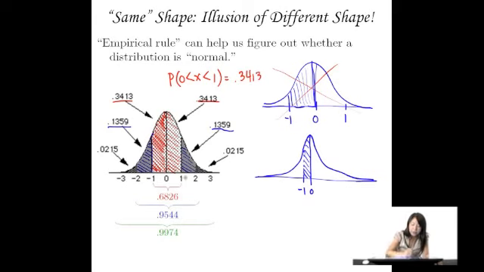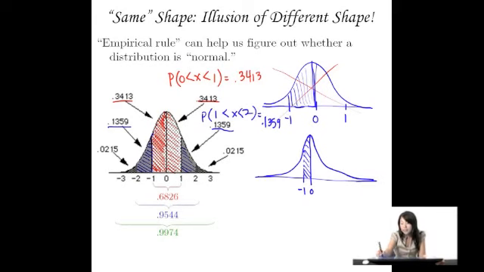And the area in between 1 and 2 equals 0.1359, right? And so this is how we would write this in algebraic notation.